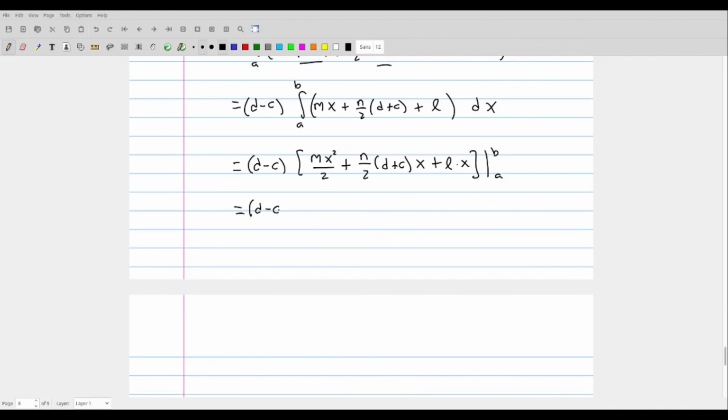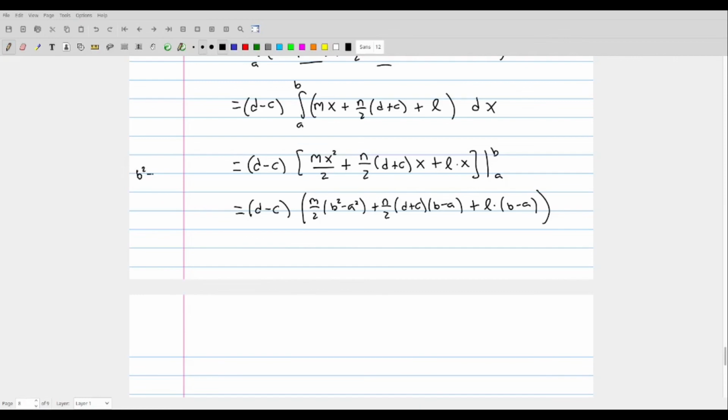This will be equal to d minus c. When you plug in the bounds for x, you have m over 2 times b squared minus a squared plus n over 2 times d plus c times b minus a plus L times b minus a. And notice again that we have another thing.